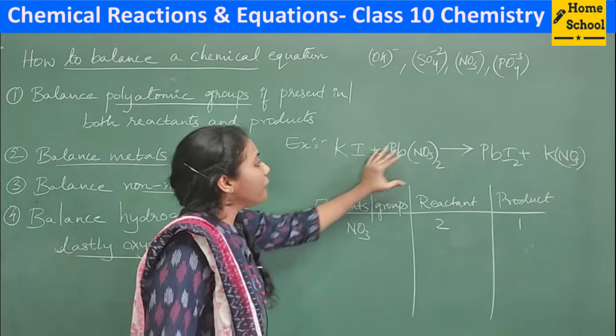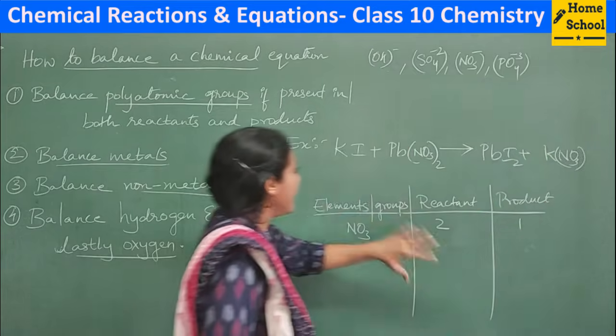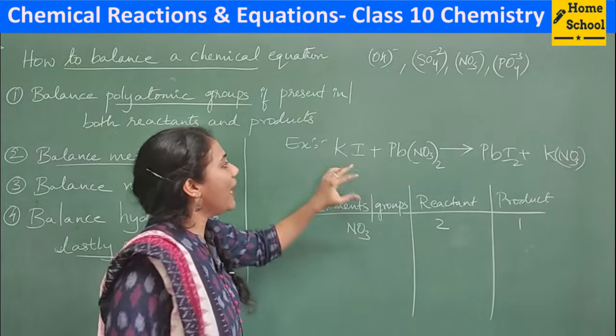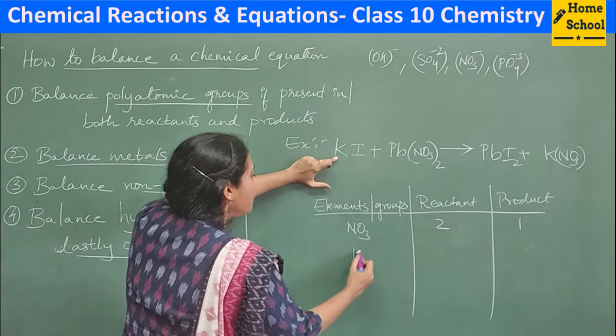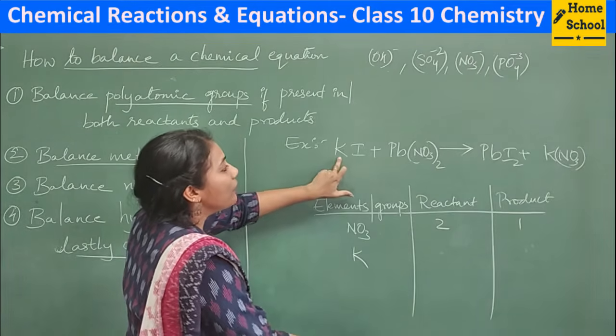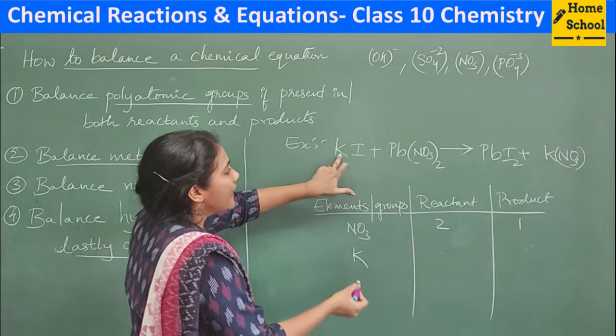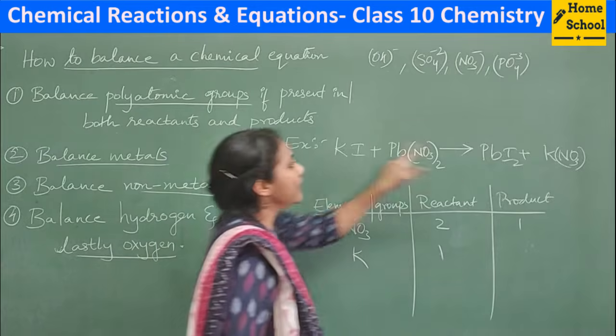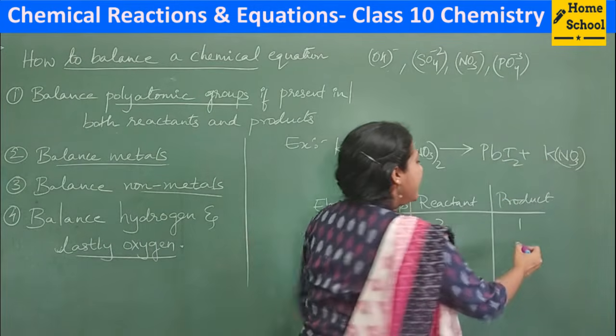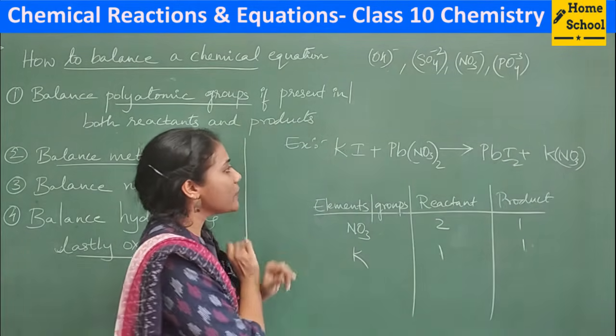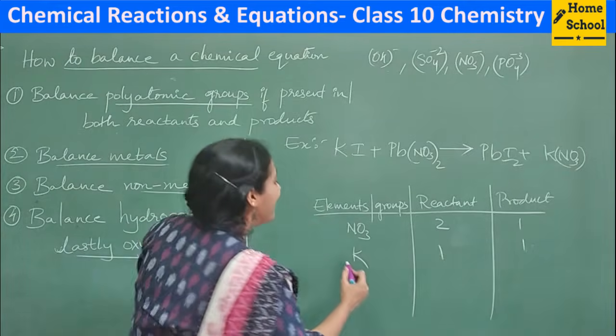After the polyatomic group, next, which are the elements you have? Potassium you have to balance. How many potassiums in the reactant side? 1. How many potassiums in the product side? 1. Next, which is the different element you have? Lead.